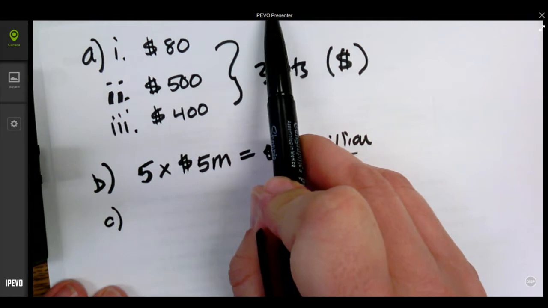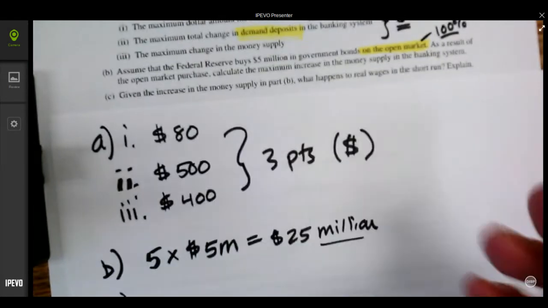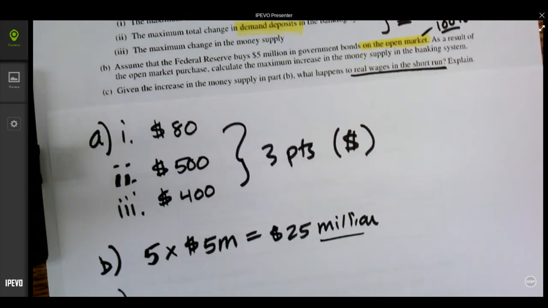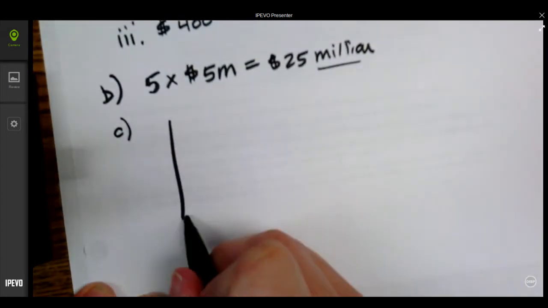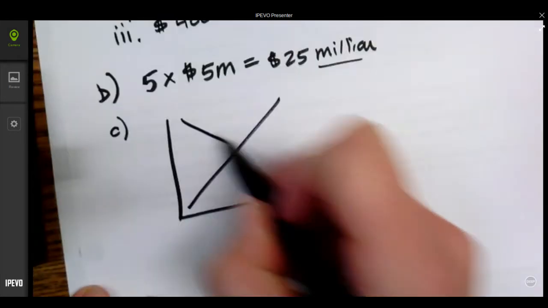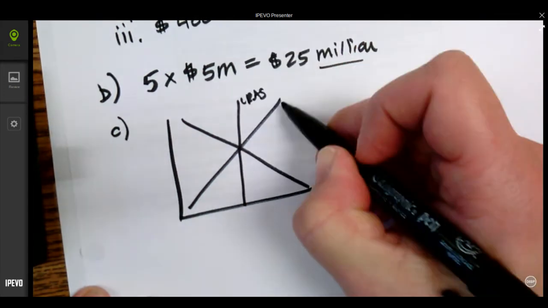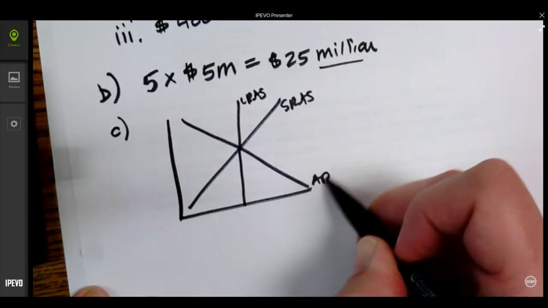Given the increase in the money supply in Part B, what happens to real wages in the short run? Remember that nominal wages are the ones that are sticky in the short run. You do not have to graph this, but I'm going to graph it so we can actually answer the question. Whether you had a fully employed economy or not, it wouldn't change the answer to this question.